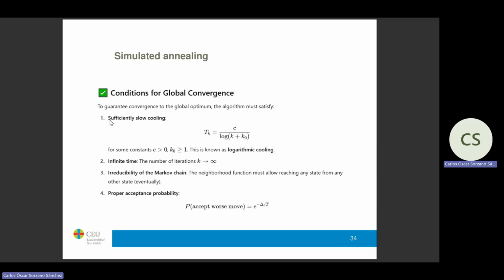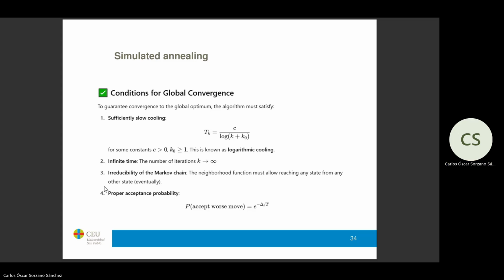Okay, so if the cooling is sufficiently slow, and sufficiently slow, for instance, this one is one of those, then it is guaranteed that as the number of iterations goes to infinity, you are guaranteed to reach the global optimum.